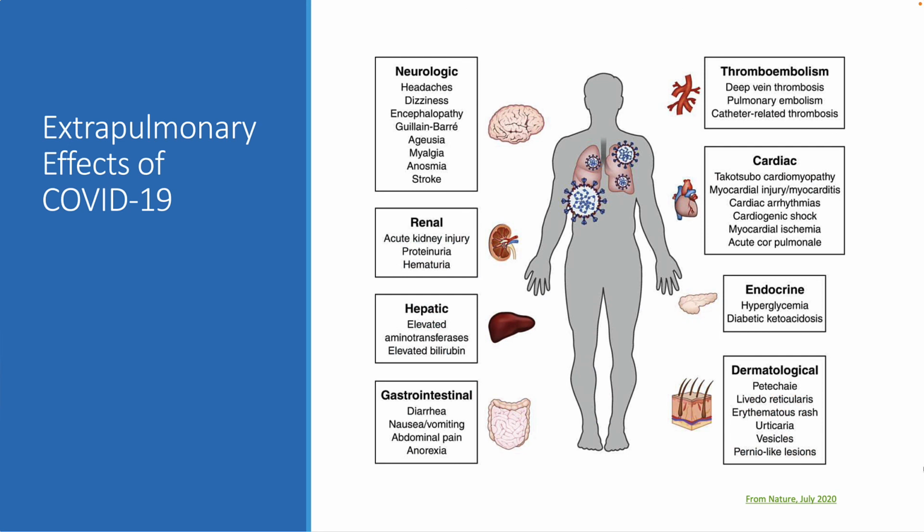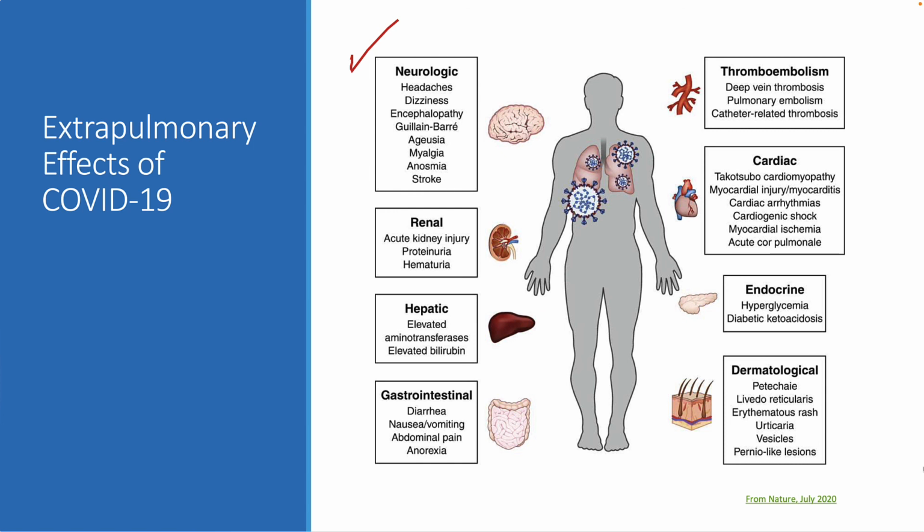There are many, we talked about on that last slide, most of the pulmonary effects, but there are extra pulmonary effects too. And many of these things are what we've seen affected by long COVID symptoms.